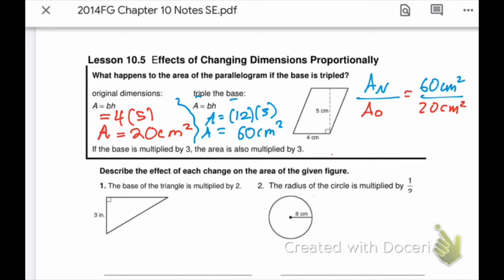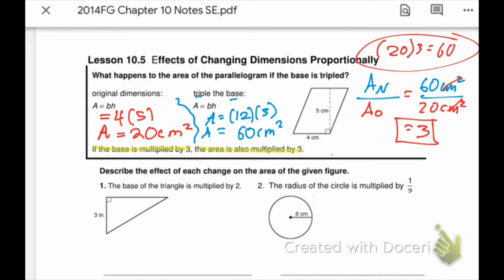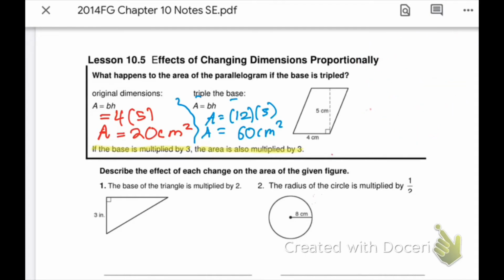When I cancel out my units, 60 over 20 gives me 3. So my answer is that if the base is multiplied by 3, the area is also multiplied by 3, because 20 times 3 gives me 60. So that's the first way we could do it. You just plug everything in, and compare the relationship between those two numbers, the new and the old. Let's look at another way we could do this.